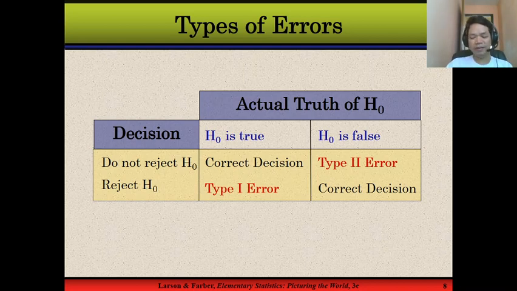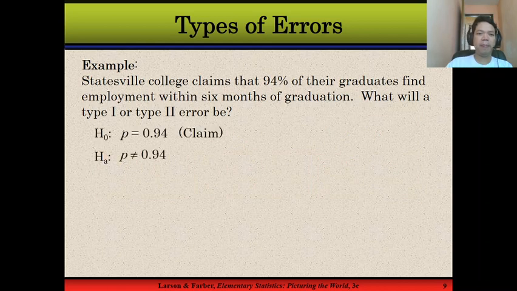Okay? Next. So, let's have the examples. So, balikan natin yung example kanina. State Bills College claim that 94% of their graduates find employment within 6 months of graduation. So, what will be a type 1 or type 2 error? Ang claim natin ay yung p is equal to 0.94.